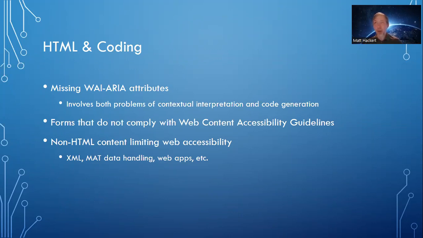So when websites link to PDFs, Word, or Excel, or other third-party files, that brings in the whole question of document accessibility, which there are parts of that artificial intelligence can address, but parts that really rely a lot on human judgment. Again, the technology is definitely not there yet, but it's difficult to predict when and how quickly that may change. So that leads us to the end of our presentation.